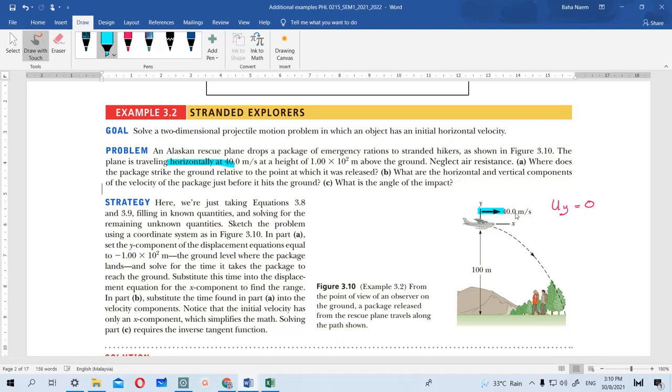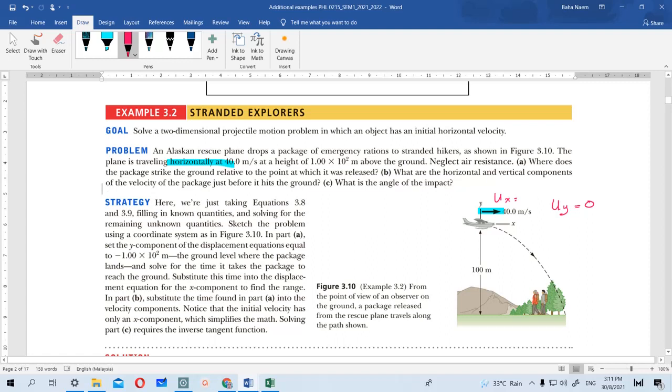So therefore, 40 is the initial speed of the released package. Okay, because the plane is traveling at 40, the package is released at that speed, and hence that is our initial speed. However, only for ux; uy turns out to be 0, and the height is 100 meter above the ground. Neglect air resistance.